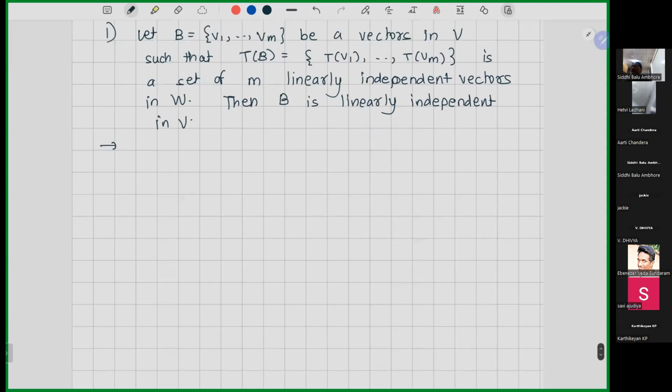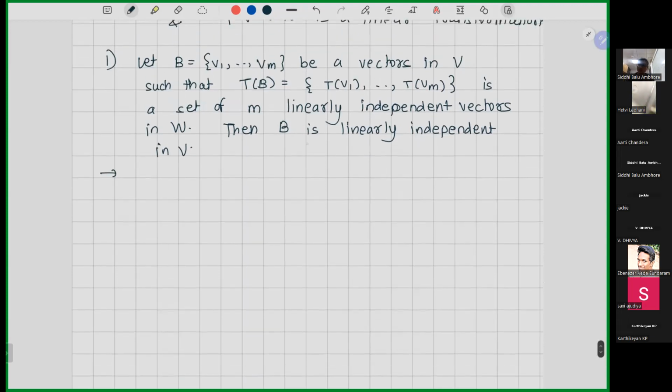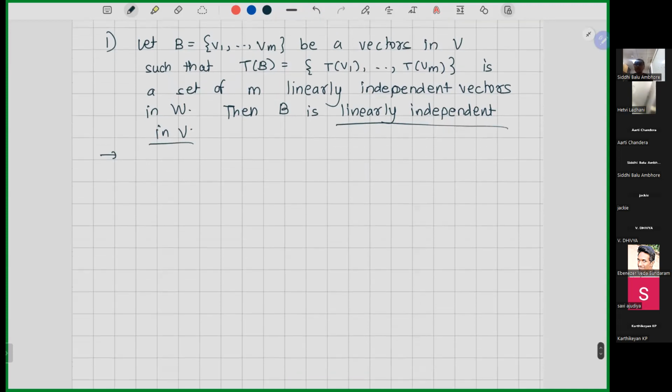Any other guesses? Jackie is saying that this is true. Okay, so we have two opposite guesses. So let us start. What we need to check is whether B is linearly independent or not. And how do we check that? We start with a linear combination in V of v1 to vm, and then we will go on.